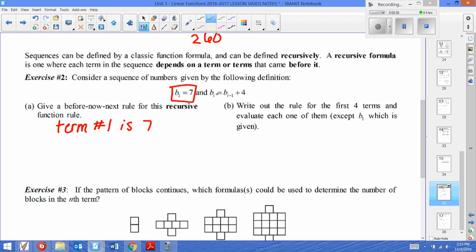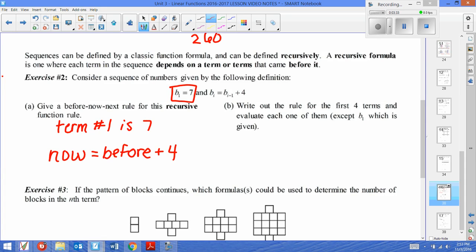And then they told us B sub i, oh okay, now I'm seeing it. This is a before, now, next rule because I have this B sub i minus 1. So here's my now, here's my before. So my now will equal the before plus 4.